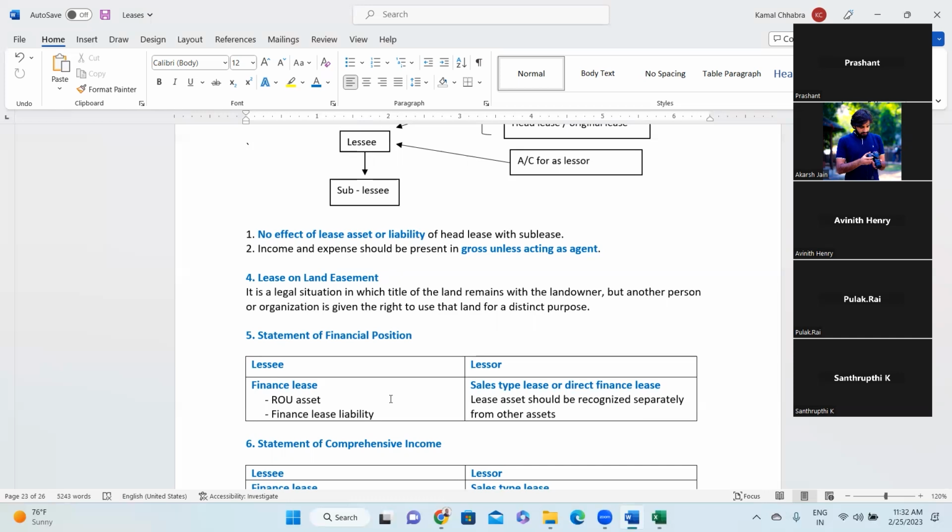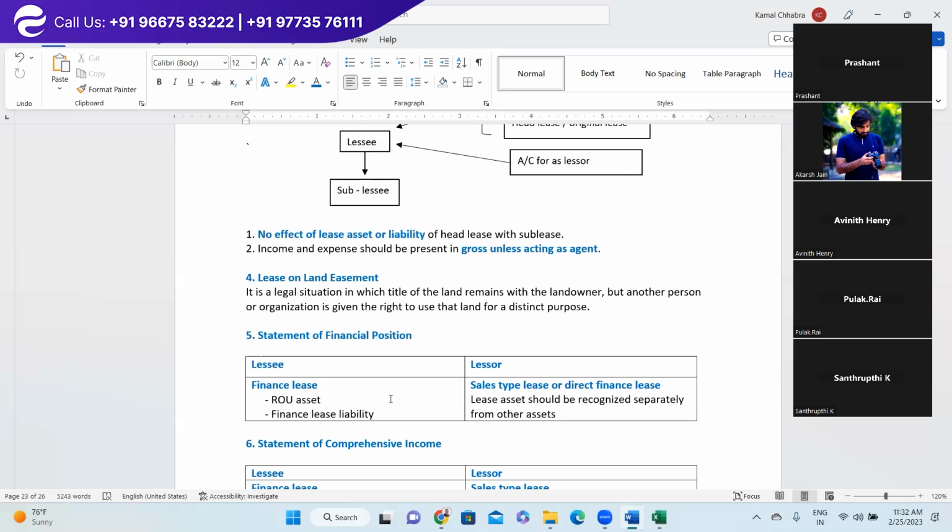Make sense? Yes, sir. Second is income and expense should be presented gross unless acting as an agent. So all your expenses as a lessee need to be recorded on a gross basis, and all your income as a lessor need to be recorded on a gross basis because you are not acting as an agent.